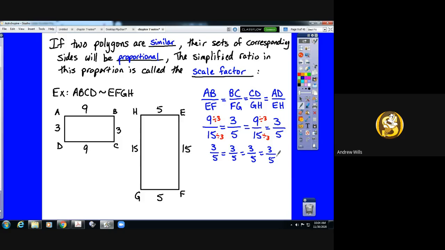So that simplified ratio, that reduced ratio of 3 to 5, is our scale factor. Okay, so our scale factor, and keep in mind this is ABCD to EFGH, is 3 to 5.